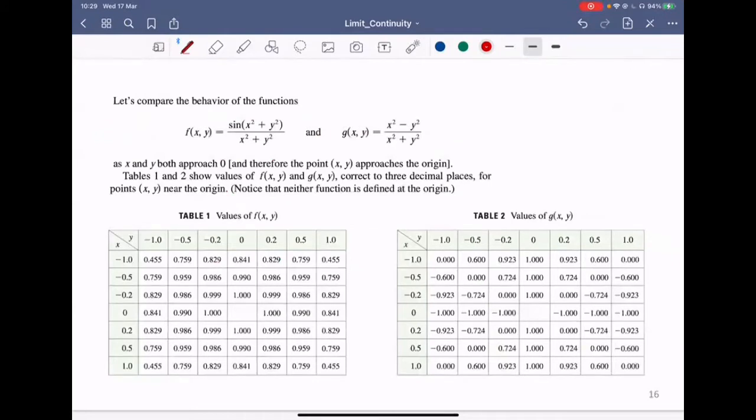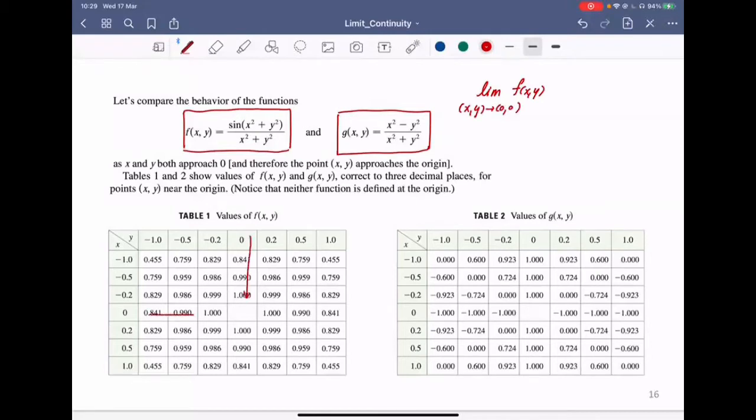This is the example from the book. You can see that I have a function f(x, y) here and a function g(x, y) here. If I want to compute the limit of f(x, y) where (x, y) goes to (0, 0), you can see that the point (0, 0) is the red dot here.